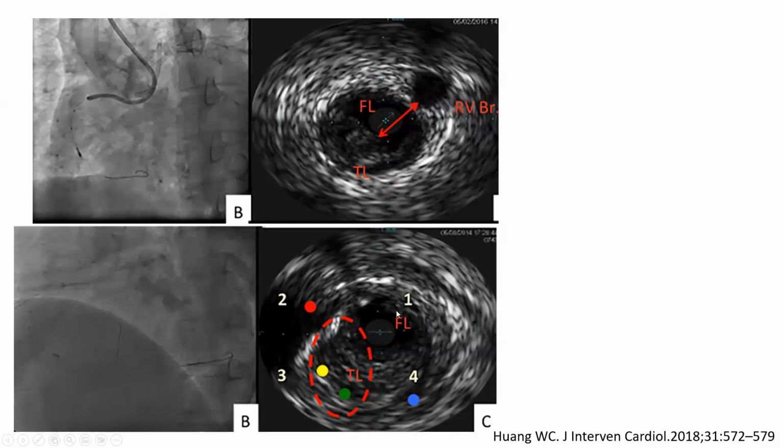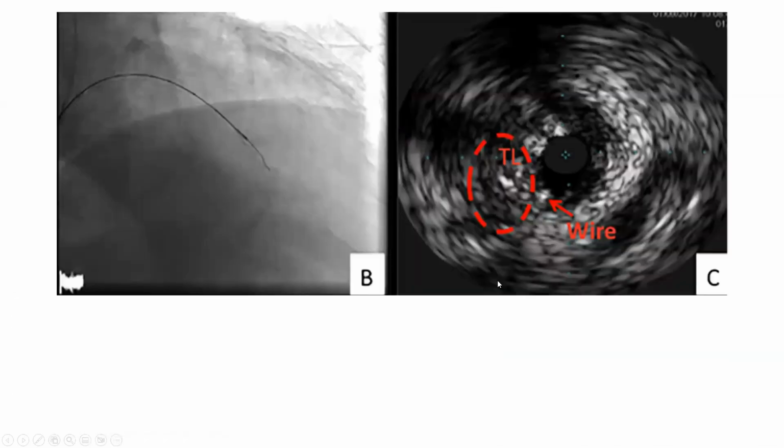This is another case here. Again, false lumen is that dark black one. It could be like in here, crescent shaped, or it could be here round or more circumferentially shaped. And it's compressing the true lumen, the white intima atheroma. That's how you know you're in the false lumen. That black one is the false lumen. The compressed atheroma is the true lumen.